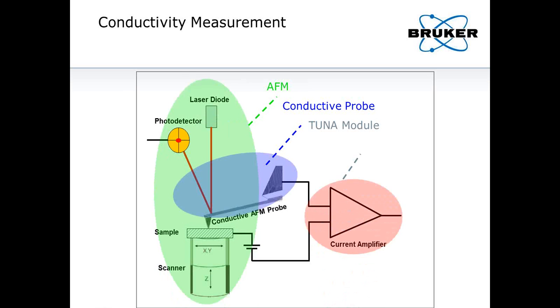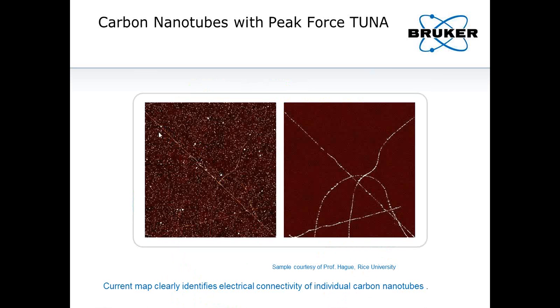And here's one example. On the left, you can see single wall carbon nanotubes laid down on a silicon oxide substrate, and you get the topography on the left by AFM.